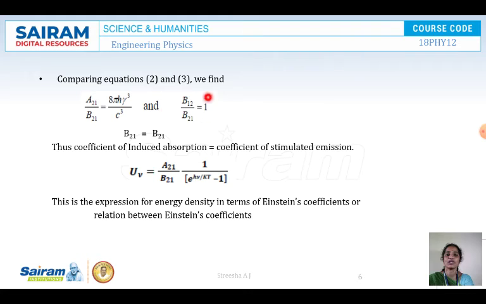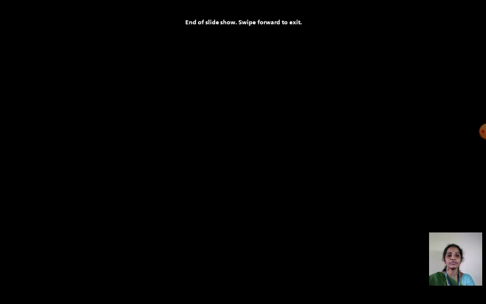The major results are that B12, the coefficient of induced absorption, is equal to B21, the coefficient of stimulated emission, and A21 by B21, the ratio of Einstein's coefficient of spontaneous emission to that of stimulated emission, is equal to 8 pi h nu cube by c cube. Thank you.